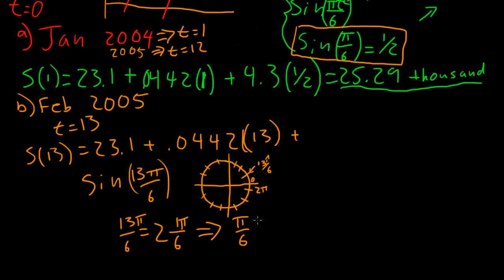Just to make sure, our coordinate here is going to be root 3 over 2, comma 1/2. And again, this is sine of pi over 6, so 1/2 will be our value. So this is going to be 4.3 times 1/2. Now we can go ahead and plug this into our calculator again.